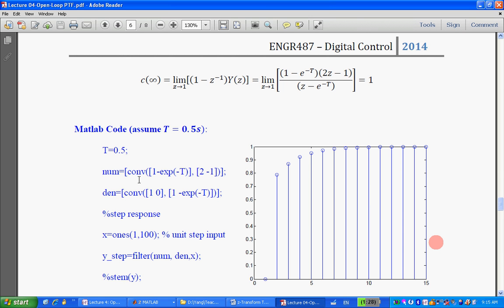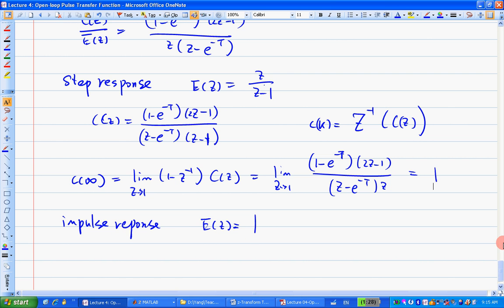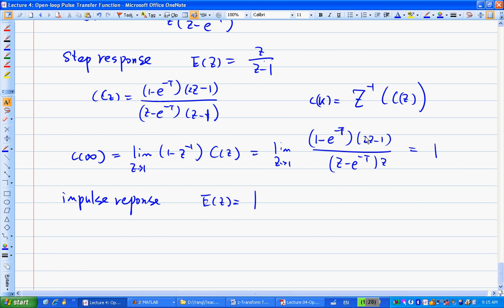Have you used the command conv, convolution basically? No? So you see this one here, right? This is 1 minus this.